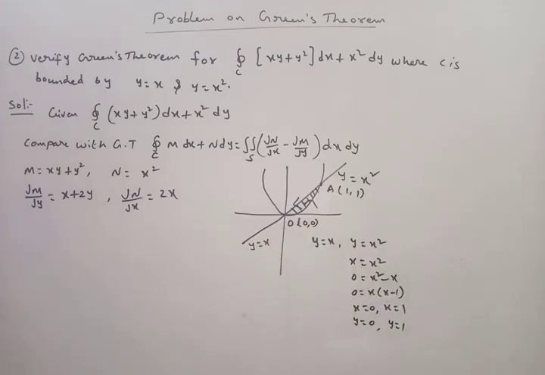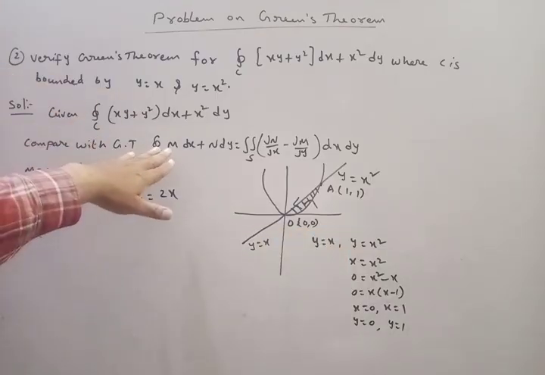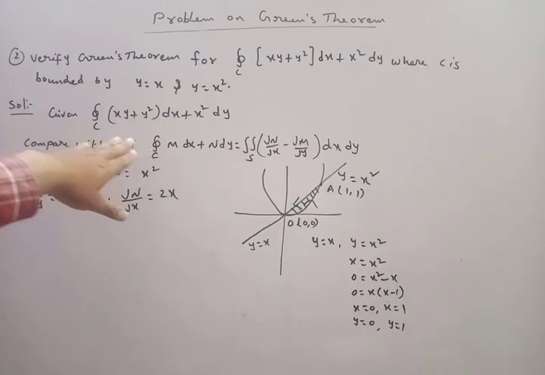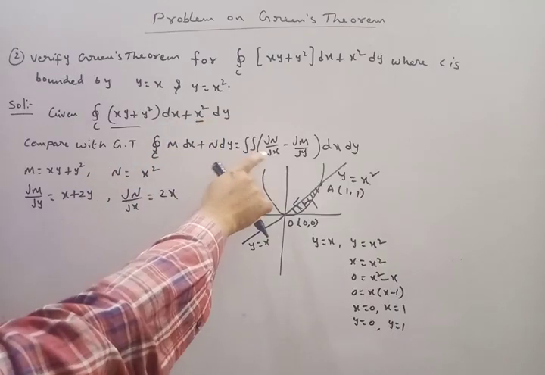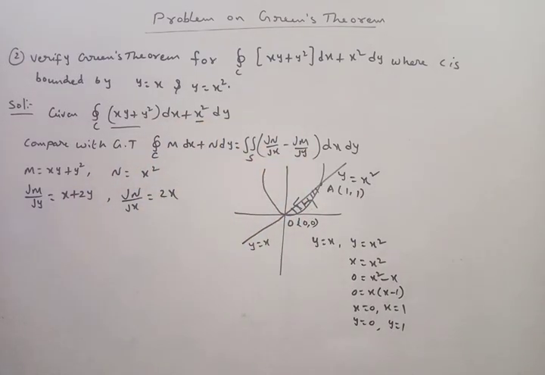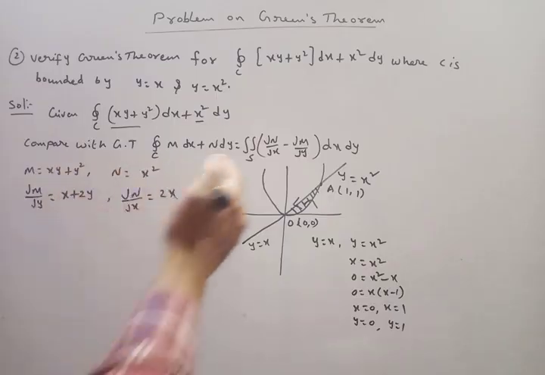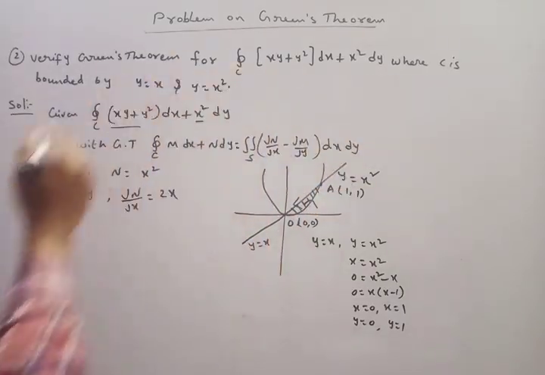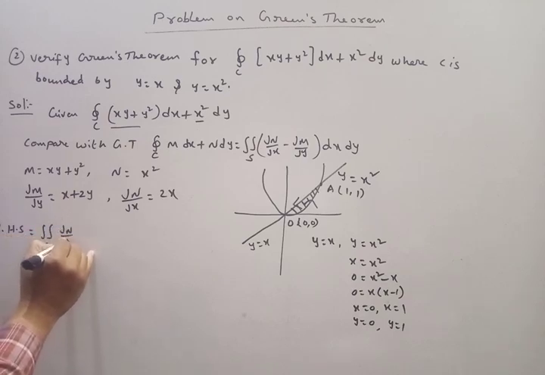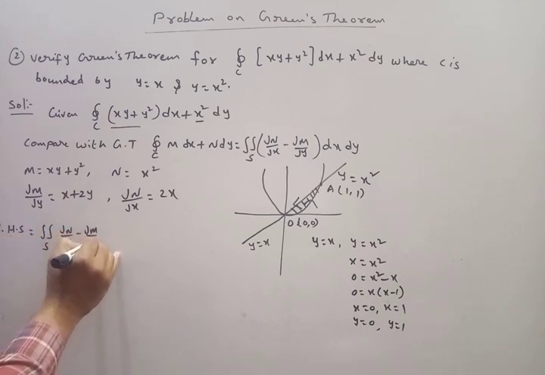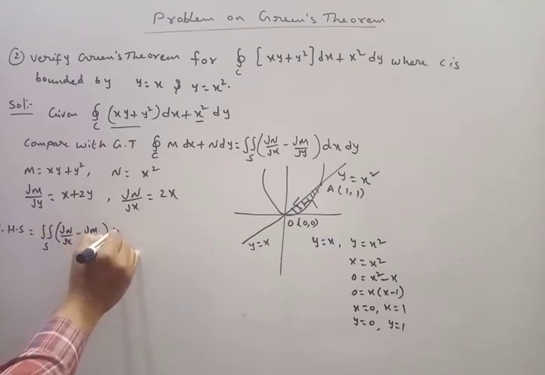That's it, very simple. So what we have to do first: compare the given with Green's theorem. This is our m and this is our n. Then calculate dou n by dou x and dou m by dou y. Understand? So now I am solving the right hand side of Green's theorem. RHS is equal to the double integral over S of (dou n by dou x minus dou m by dou y) dx dy.